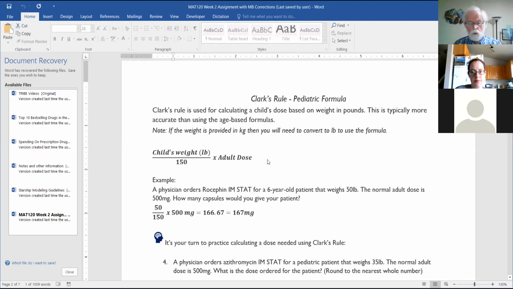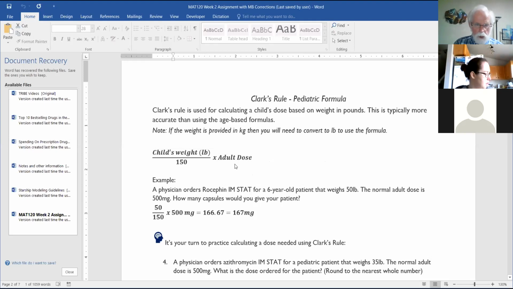The adult dose will be given when you have a problem, but if you're working in an office, you can always find it through the Physician's Desk Reference, or, as I was just talking to Ariel, a downloadable free app called ePocrates that you can put on your smartphone that has a drug database with all this information in it. So we can get that information very quickly in a real world situation.